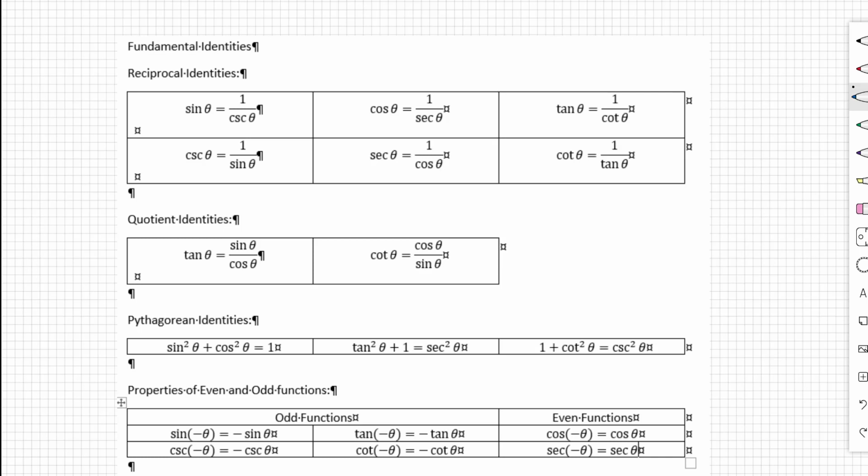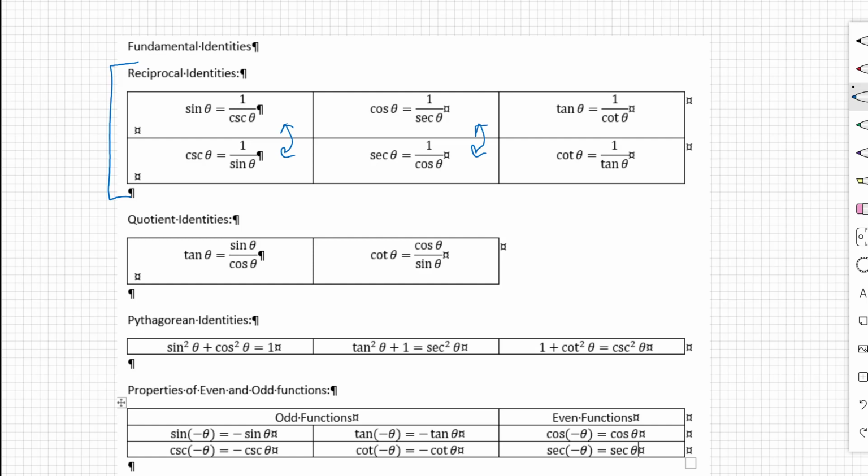Our fundamental identities are the reciprocal identities, which we've talked about. These are just the identities saying that sine theta is the reciprocal of cosecant theta, and vice versa. And cosine theta is the reciprocal of secant theta. And again, that's the same relationship both directions.